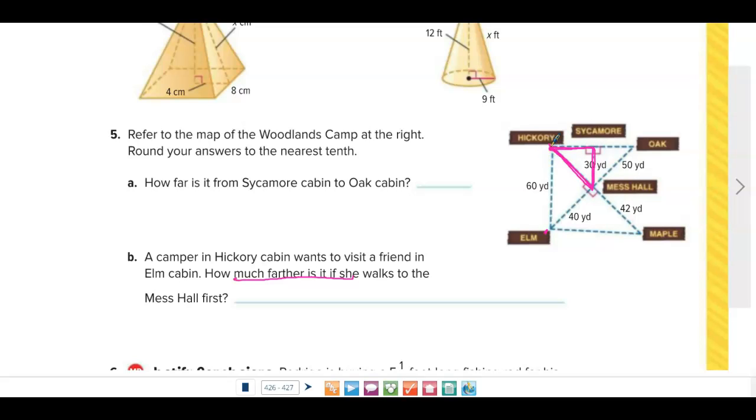Actually, no, we can't use that right triangle because we don't know enough information. So actually, we're going to use the right triangle here. So here's our right angle, and our hypotenuse is always opposite. So we are given the hypotenuse of 60 yards.